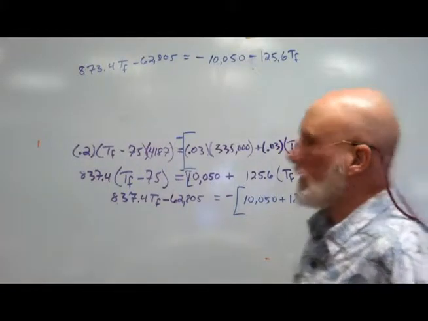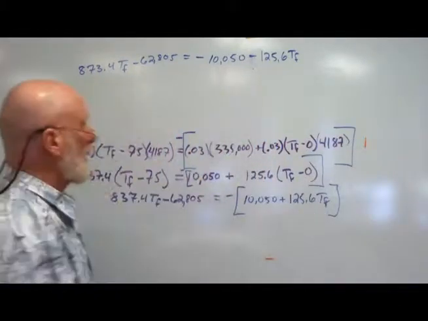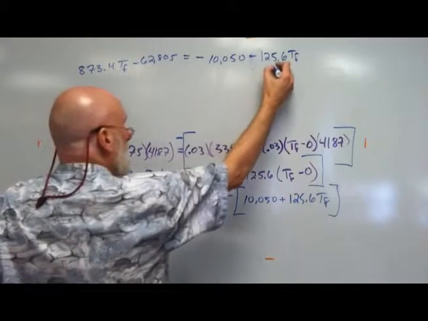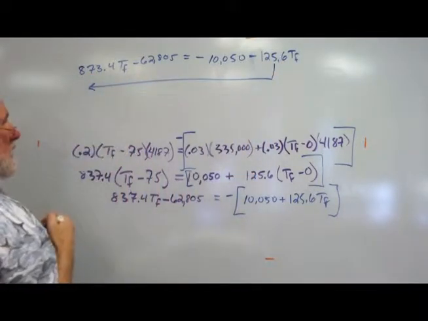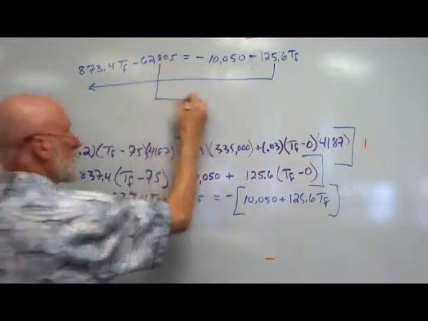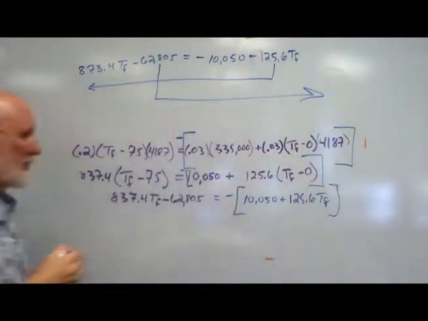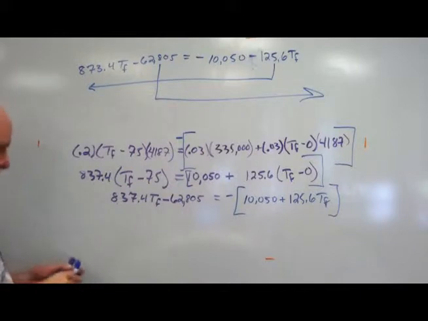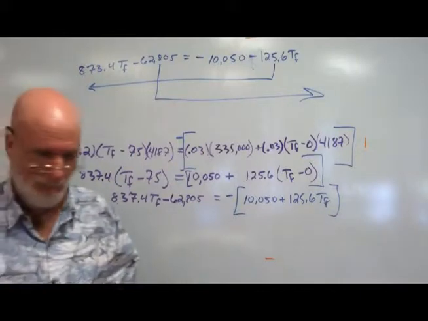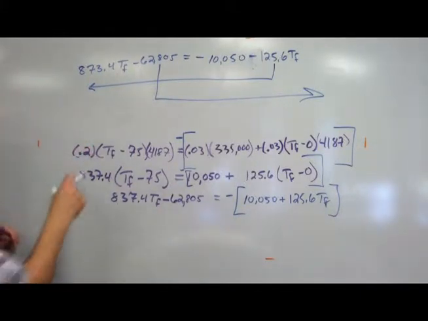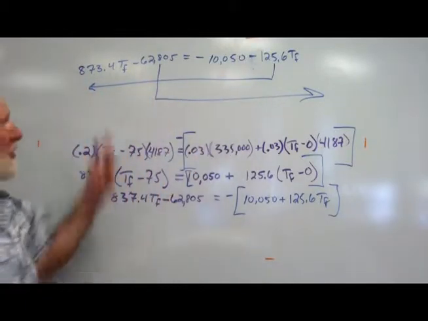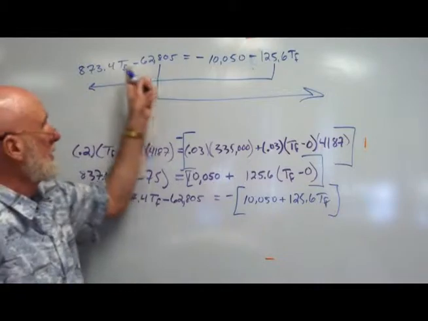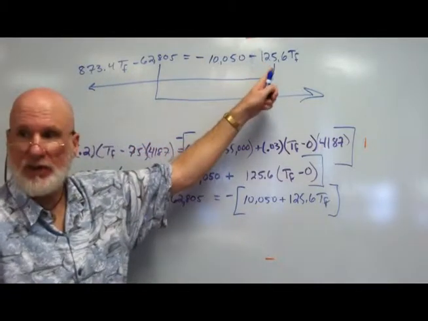Now, I want you to bring this over here, and bring this over there. So here you have 837.4 TF plus 125.6.